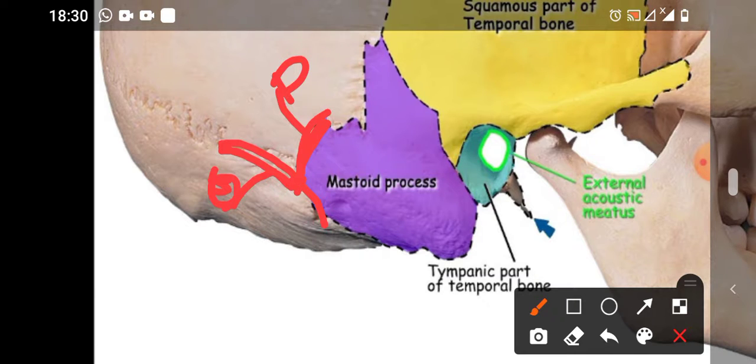This point is called the asterion, as I am encircling it for you. We have studied it as the mastoid fontanelle when we were discussing the fontanelles. In infant skulls it is present, and it fuses within the first 2 years of life.